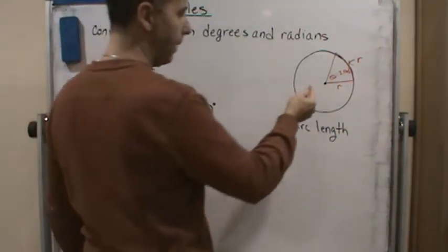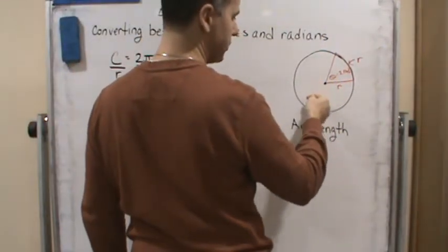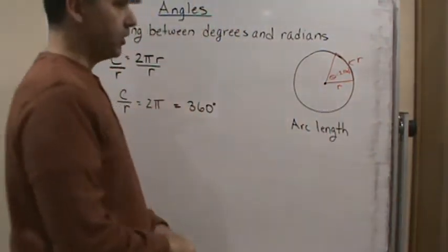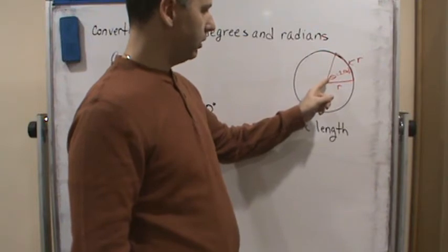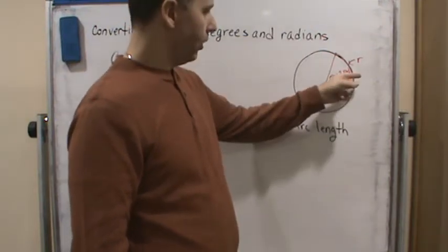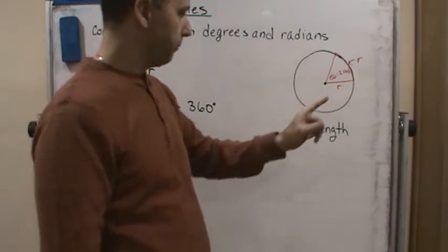So basically, we can fit 6 of these wedges and then a little bit. Each one of these wedges has a central angle equal to 1 radian. Let me repeat.